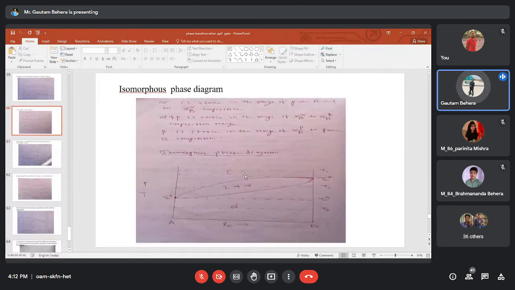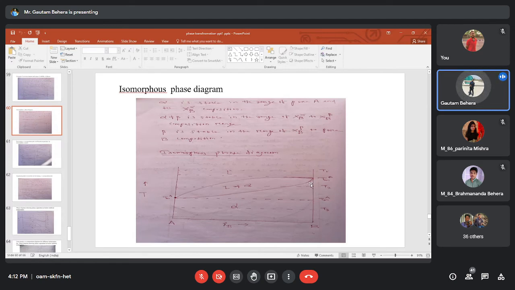This temperature axis, TMB, just carefully look. This temperature axis is intersecting only at point P or end B, right? At P or end B, just look at the line. The liquidus line and solidus line are intersecting at this point, right? So when the solidus line and liquidus line intersect at this point, that is the only constant melting point, you can say, right?